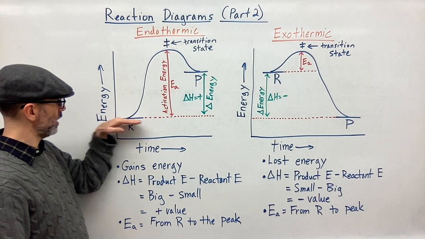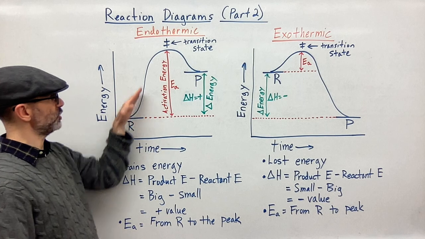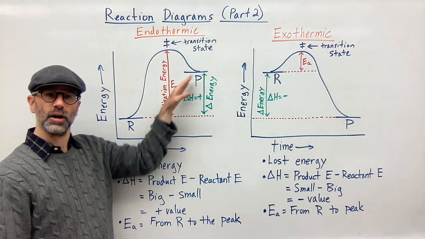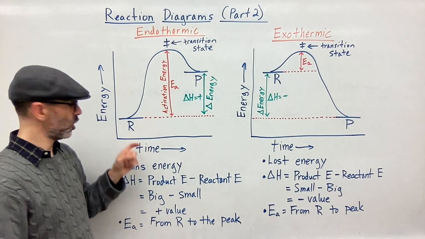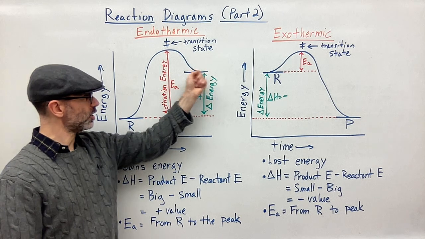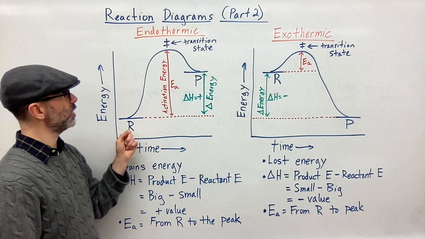So we have low energy reactants, and as the reaction goes, the products that are formed have more energy. That's because the products are higher than the reactants.